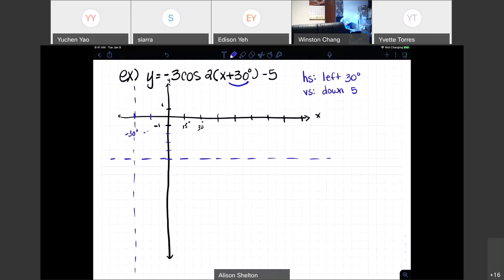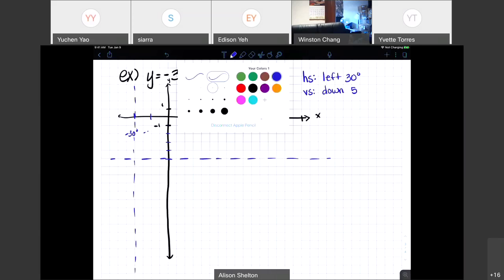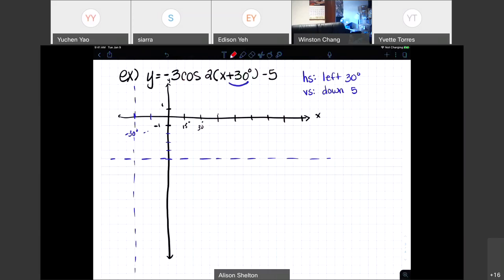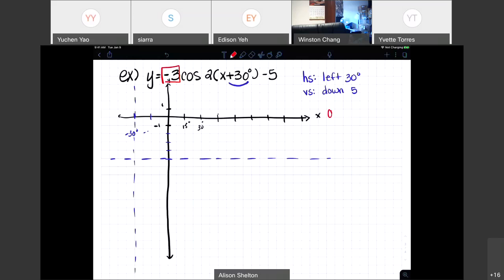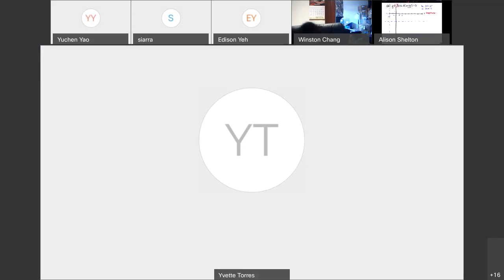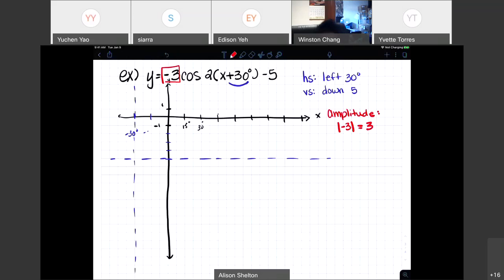Now we need to find the amplitude. To find the amplitude, I'm going to look at A, and the amplitude is the absolute value of -3, which is 3. So I'm going to mark that on my graph, and I'm going to go up 3.